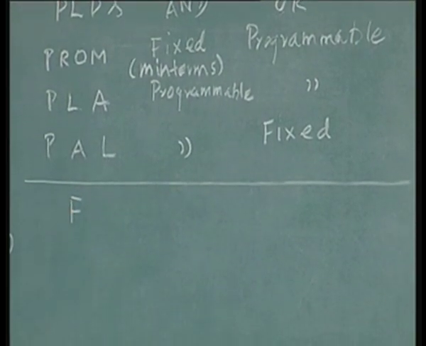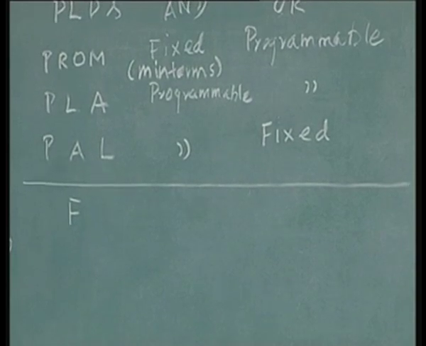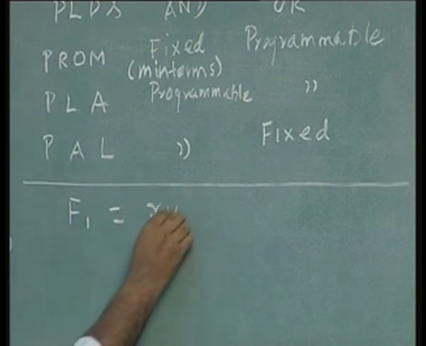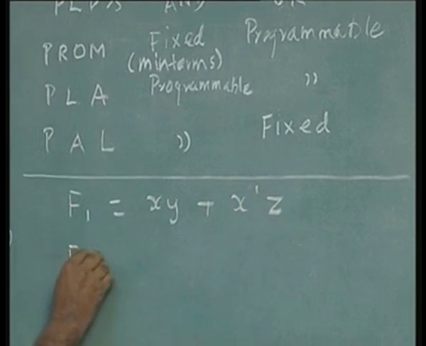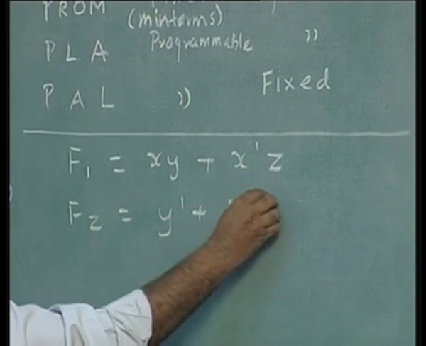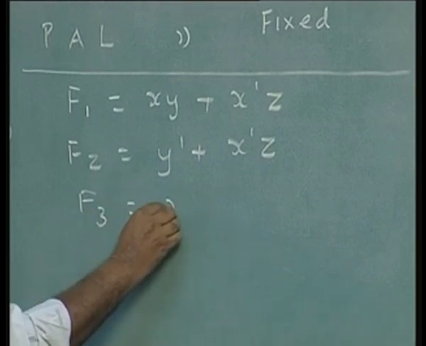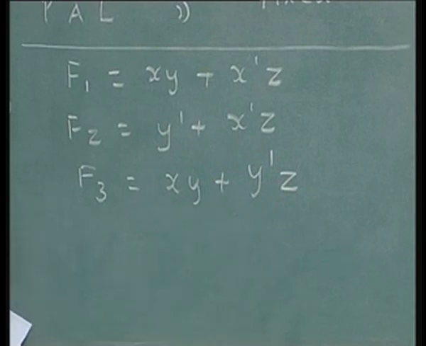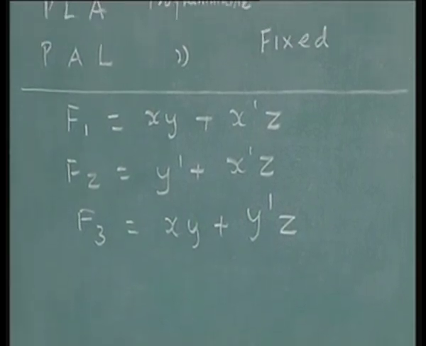F1 was XY, X bar Z; F2 was X bar Z; F3 was XY, Y bar Z.